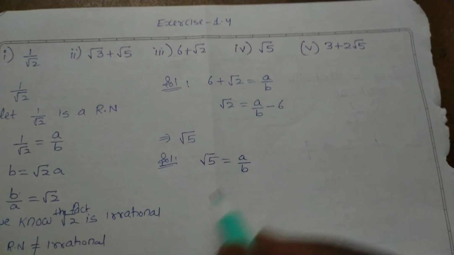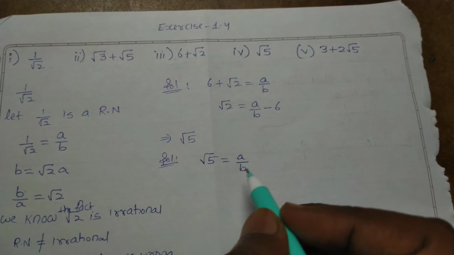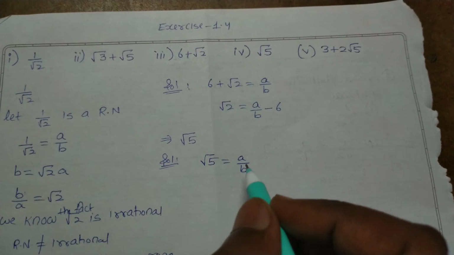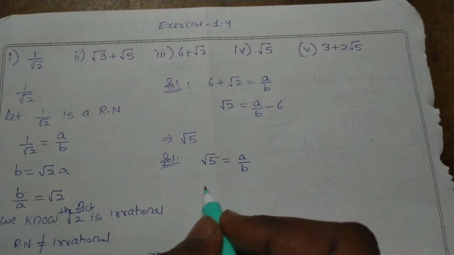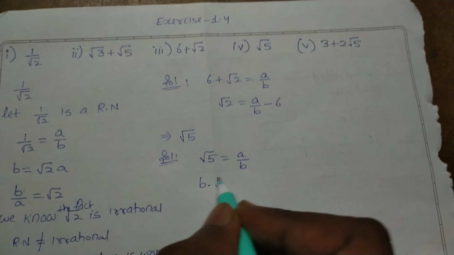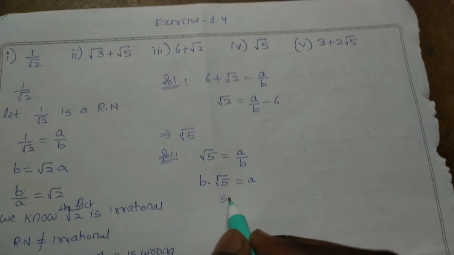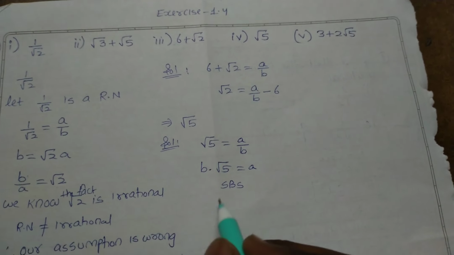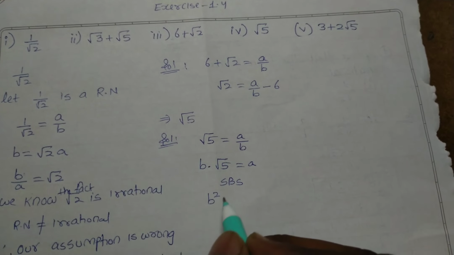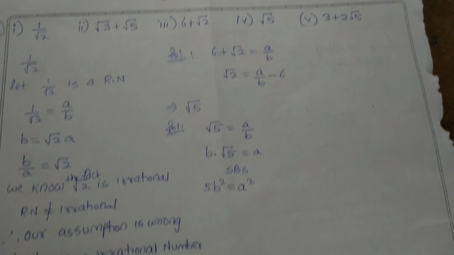Okay, how? So listen here, first we are assuming root 5 is equal to a by b, a rational number. Okay, then from here you just cross multiply, what you will get, b into root 5 is equal to a. Okay, if you do squaring on both sides, what you will get? b square into 5, that means 5b square is equal to a square, right?